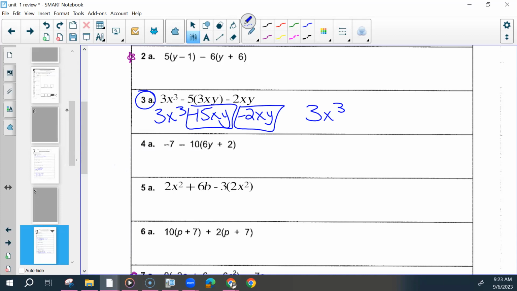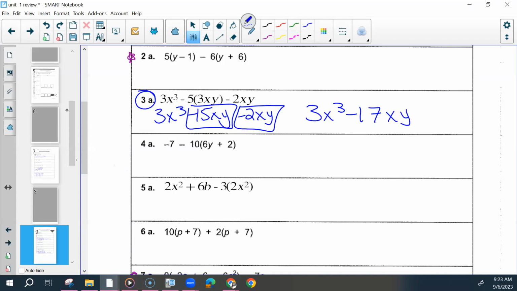So be careful, we're not multiplying here, they are just combining like terms of negatives. Also make sure that you're not doing anything with this exponent. The exponent goes with the x, not with the 3. Great, other questions on this page?